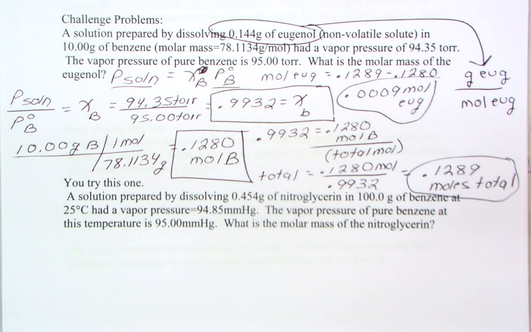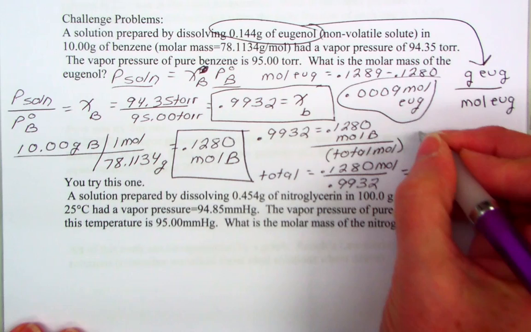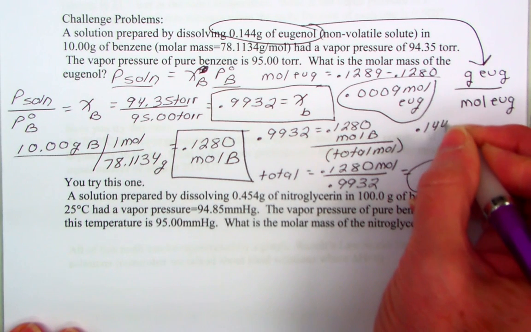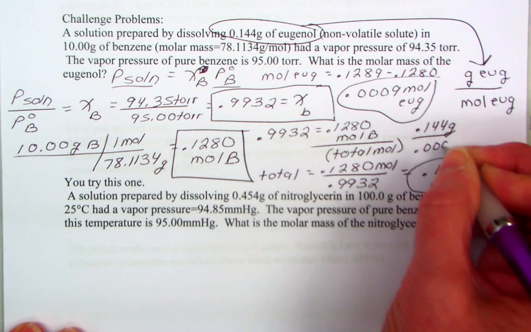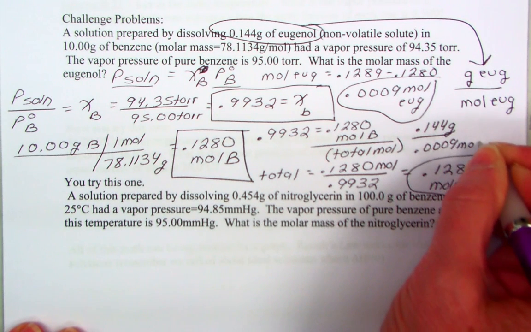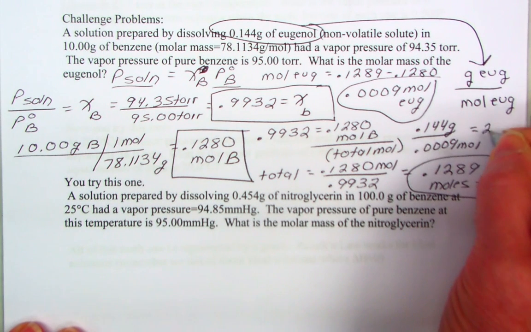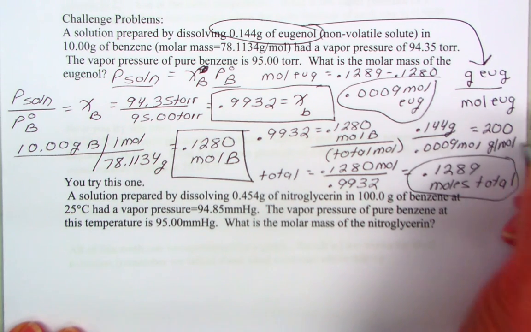Now, to find the molar mass, I divide grams per mole. So 0.144 grams divided by 0.0009 moles, I only get 1 sig fig, 200 grams per mole.